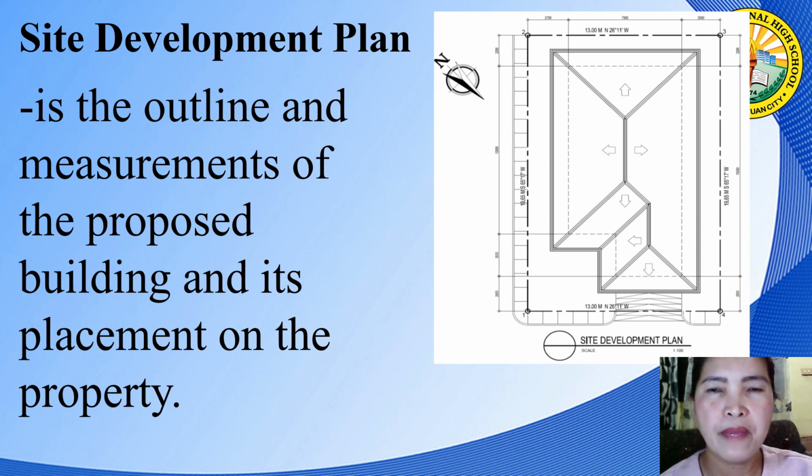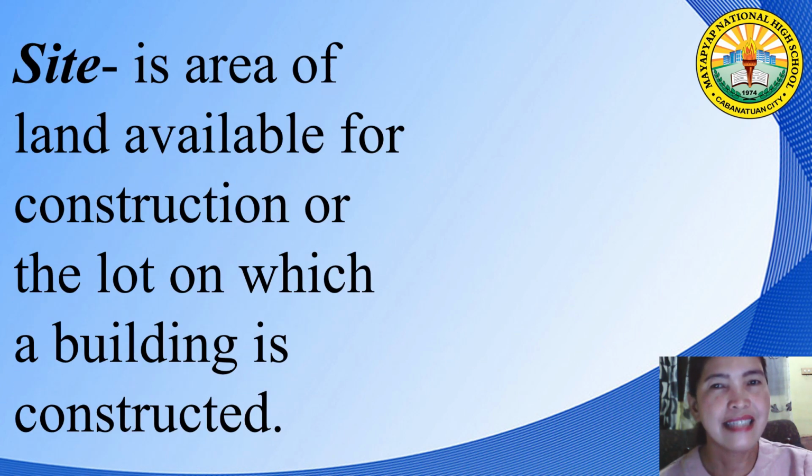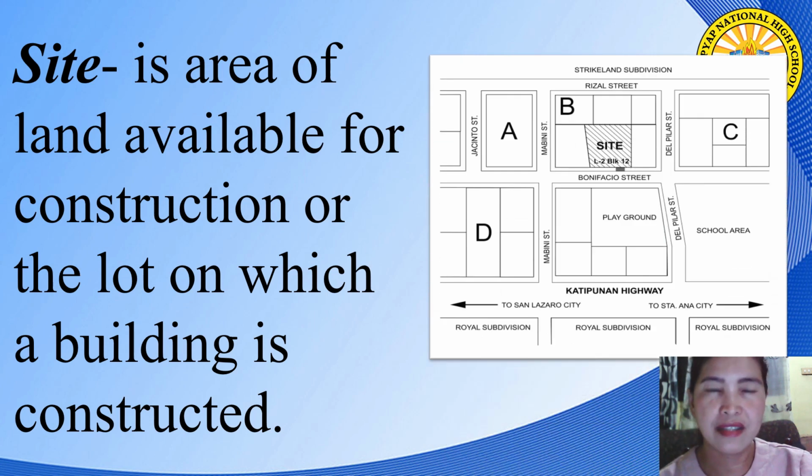A site development plan is drawn using a scale not smaller than 1:100 meters so that other features found in the plan will be greatly affected. The site is area of land available for construction or the lot on which a building is constructed. The building site may be a single lot, a series of lots, or a subdivision. A lot is a piece of ground of specific size.